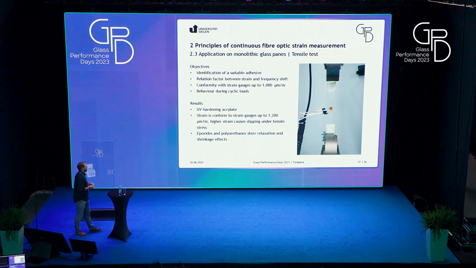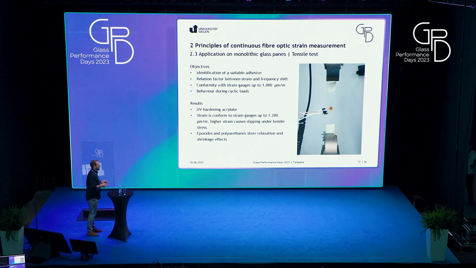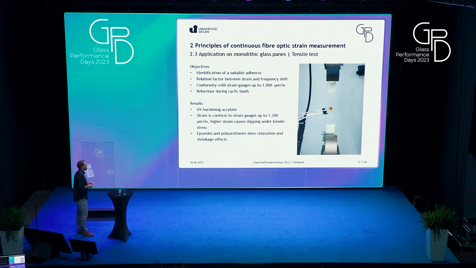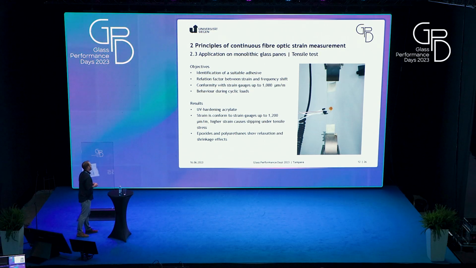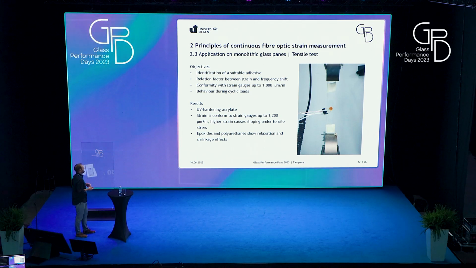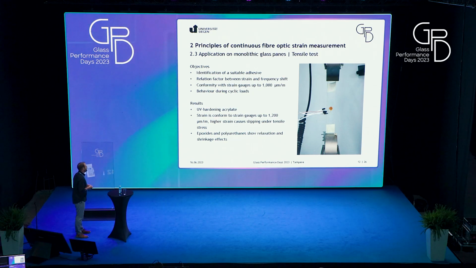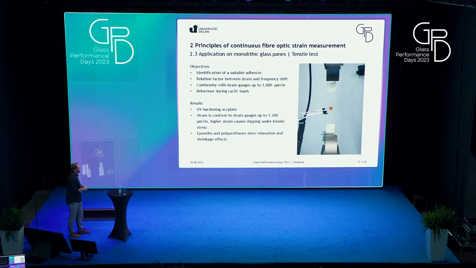It has to be applied with an adhesive, a glue, and it has to be investigated to identify a suitable adhesive and to determine the relation factor between strain and the frequency shift. And what we wanted to have is a measurement system that conforms with strain gauges up to 1,000 micrometers per meter. And we want to look at the behavior during cycling loads.